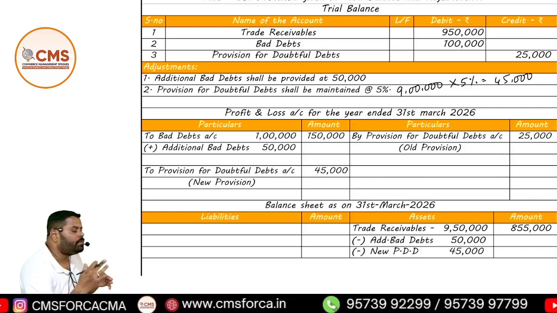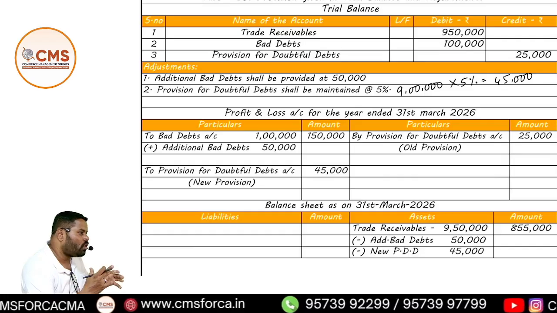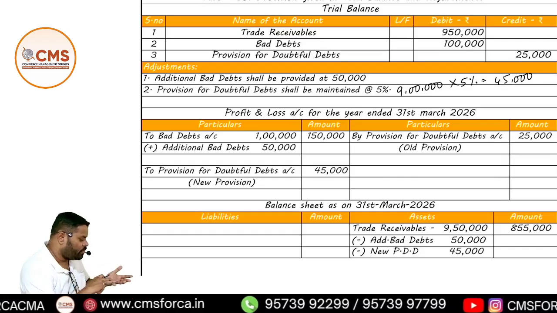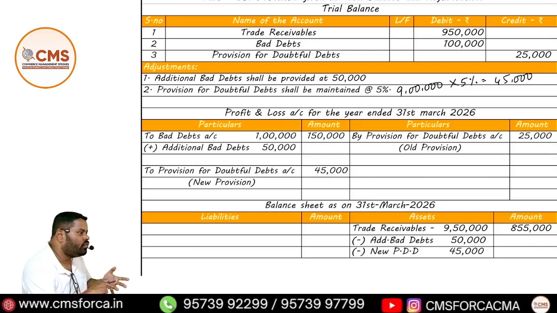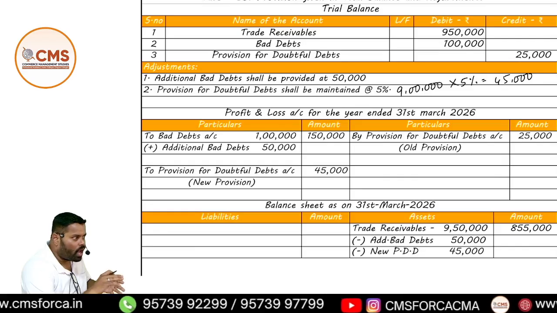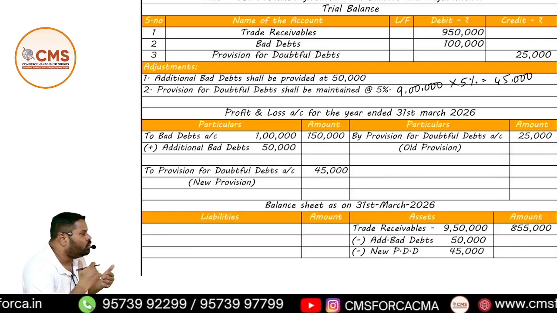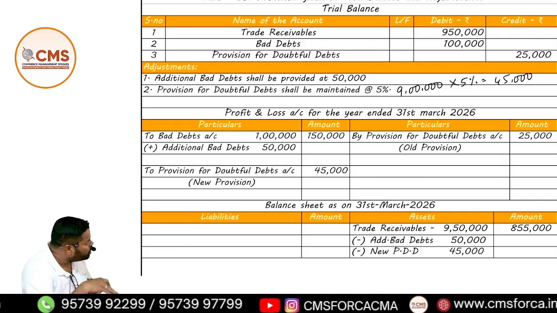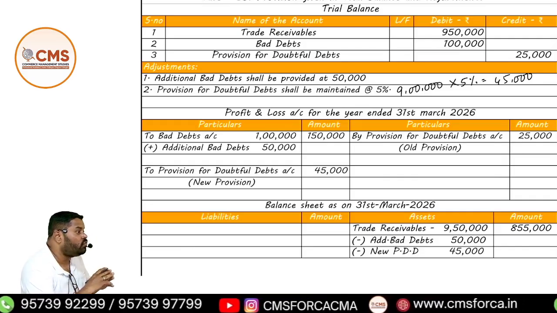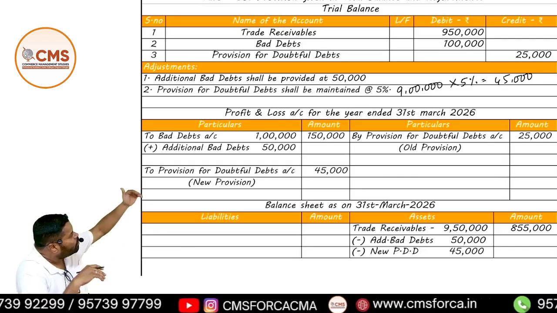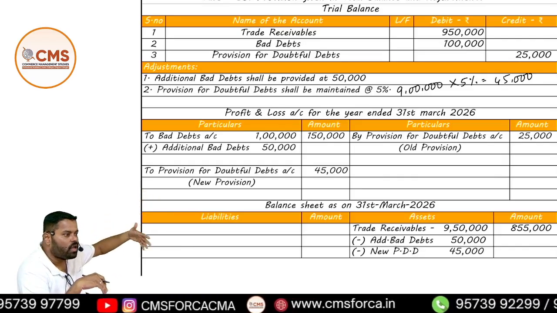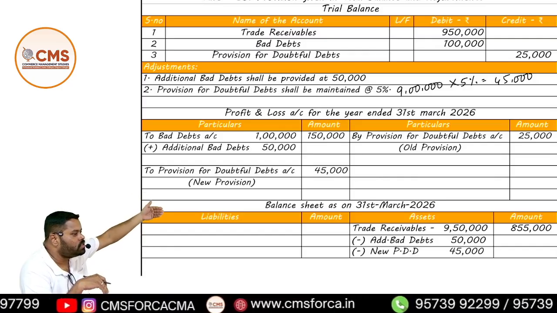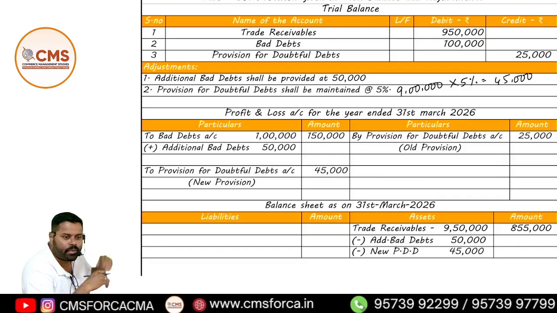But after I prepared trial balance, I got a double shock. What is the double shock? I was thinking that I will not get 25, but I got a shock of 50. Now, after getting so many shocks, out of that 9 lakhs, I have a doubt that I may not get another 45. So: bad debts inside your trial balance, bad debts given in adjustments, provision inside your trial balance, provision given as an adjustment.